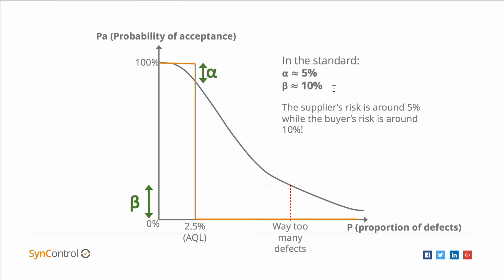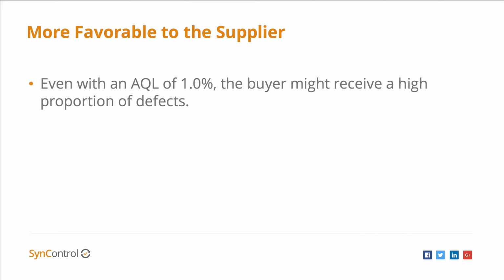Okay, you can see it here, meaning that the supplier's risk is lower than the buyer's risk, and this means it's more favorable to the supplier. Okay, let's look at it another way. Even if you set an AQL of 1%, you might accept a higher proportion of defects.